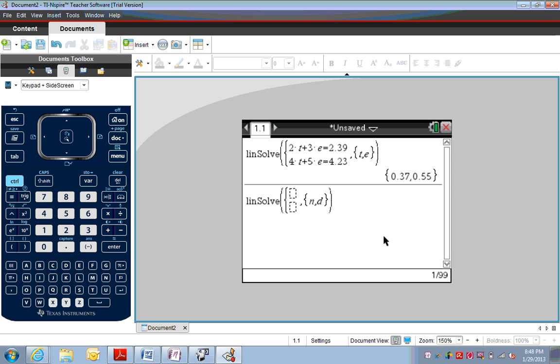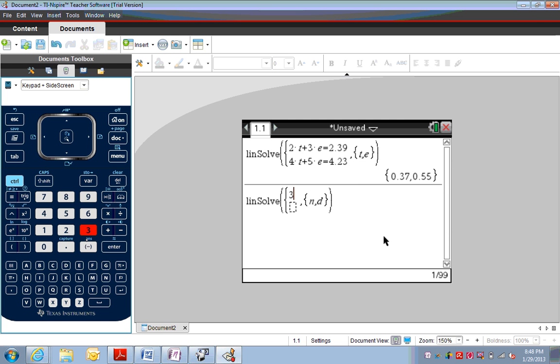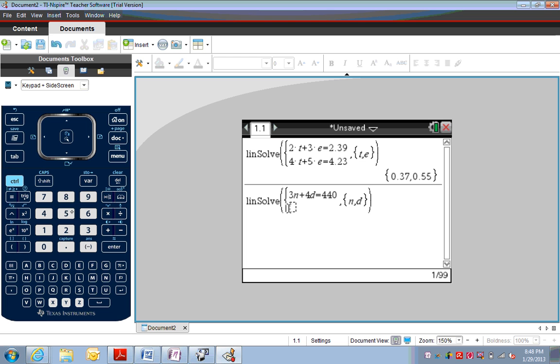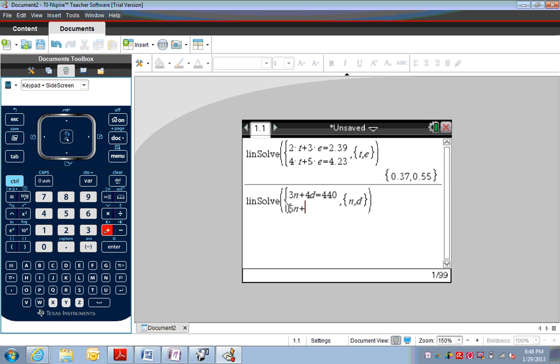Hit OK. And then you're just going to type in the equations, I'm sorry, that we just wrote down in part C of our problem. So 3n plus 4d equals 440. Okay, and then 5n plus 8d equals 780.